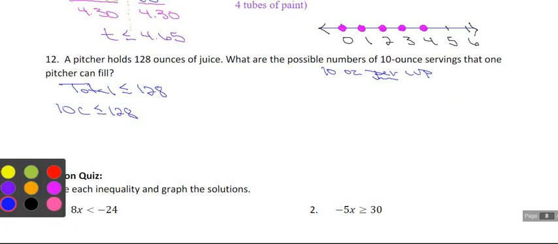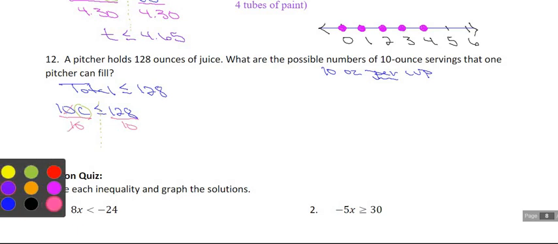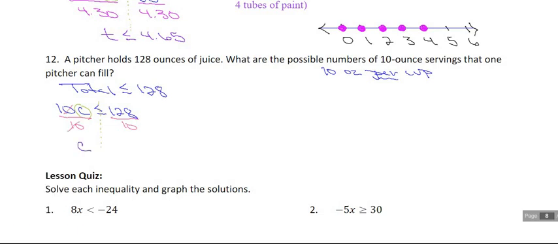We're going to solve this with our dotted line through our inequality, circle our variable, and then we're going to go ahead and divide both sides by 10. So we have C is less than or equal to 12.8.